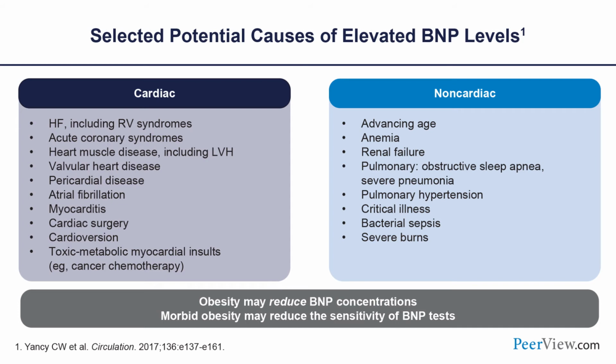Valvular heart disease, pericardial disease, all of these things can also cause elevation of natriuretic peptide levels. Certainly acute coronary syndromes can do it as well. However, there are some non-cardiac causes as well. NT-proBNP specifically tends to rise with age. Renal failure may be associated with elevated levels.